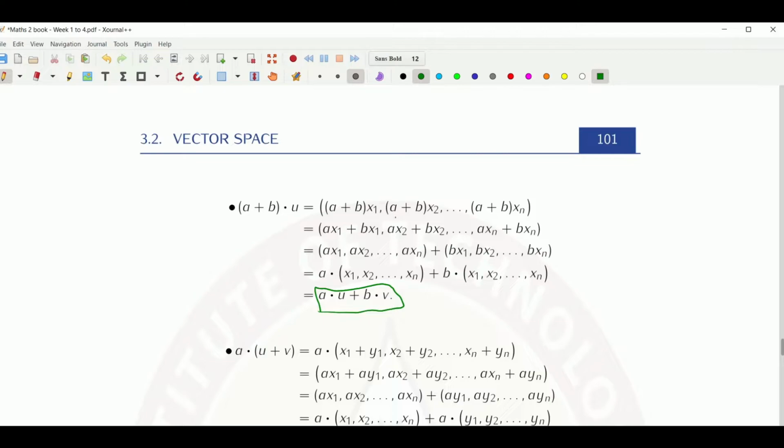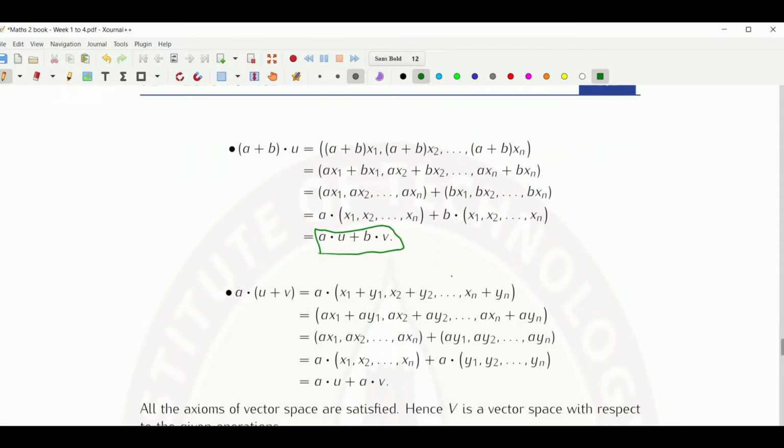Distributivity over vector addition. Then a dot (u plus v) is equal to a dot (x1 plus y1, x2 plus y2, ..., xn plus yn), which is (ax1 plus ay1, ax2 plus ay2, ..., axn plus ayn).